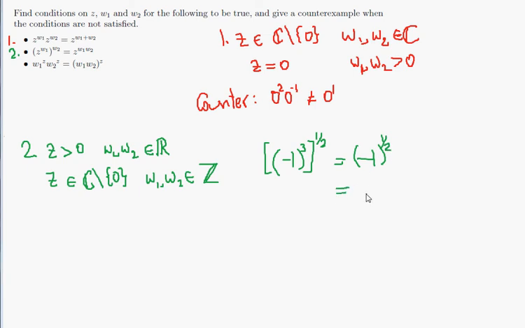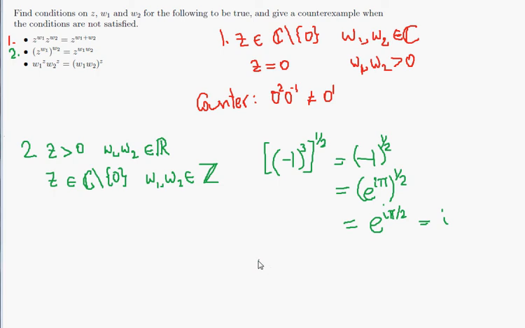Well, let's see, negative 1 is e to the i pi, to the 1/2. And by definition of raising something to a fractional exponent, this is equal to e to the i pi over 2, which is equal to i.